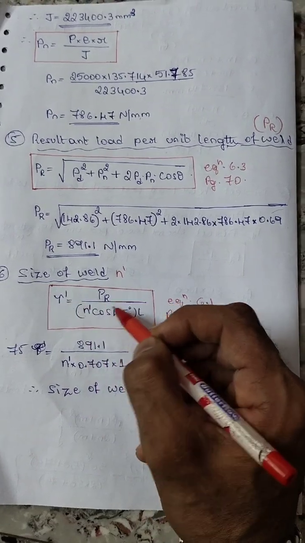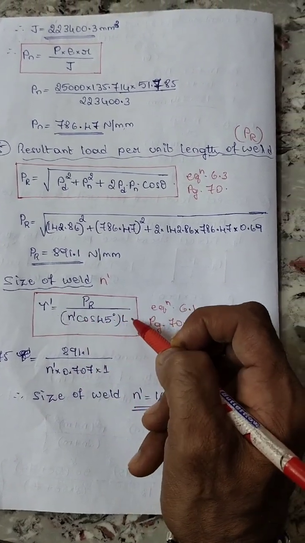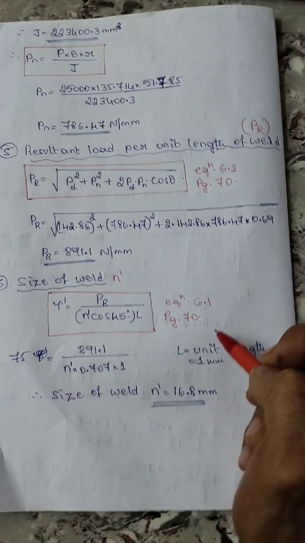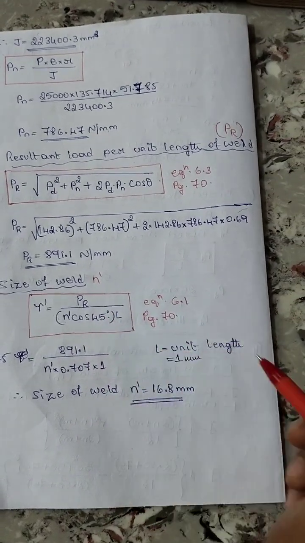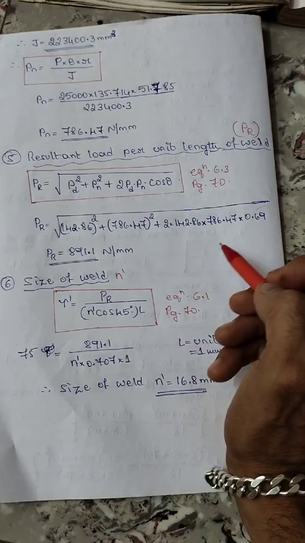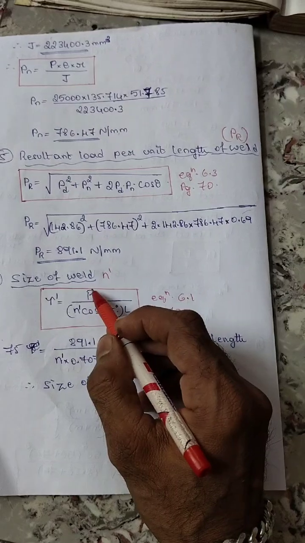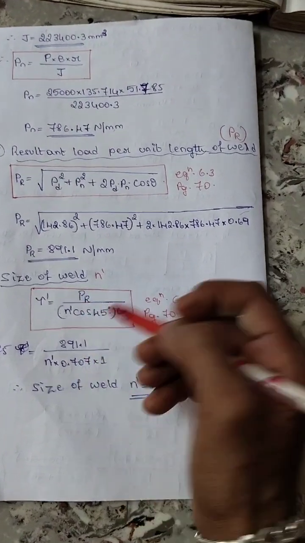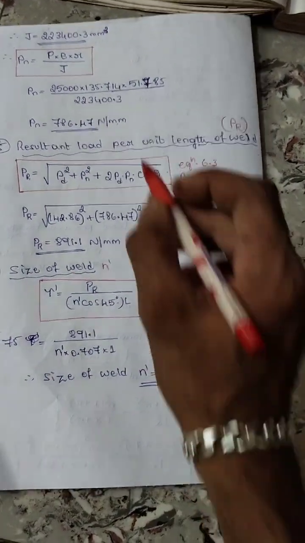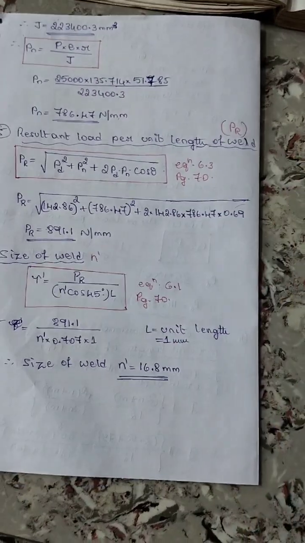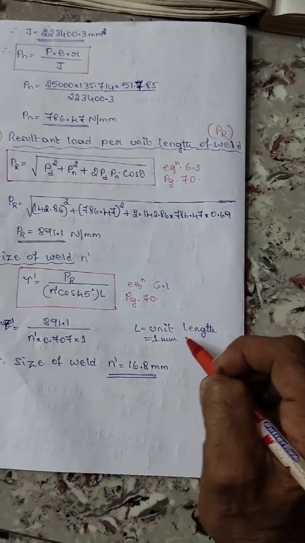So tau dash is equal to PR by n dash cos 45 degree L. The L value is not given, because it is per unit length. PR is what we have calculated per unit length of weld. Unit length means 1 mm.